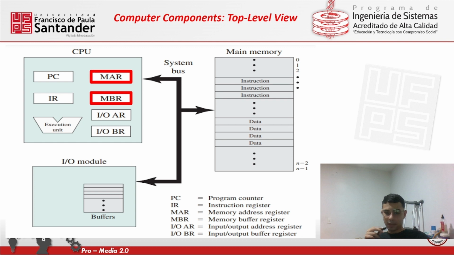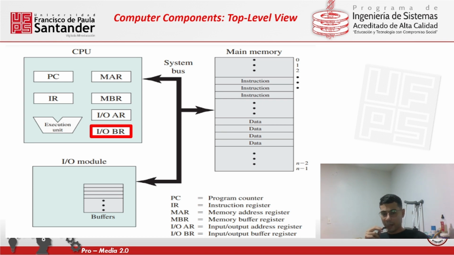There is an I/O address register, I/OAR, that points to a specific I/O device. An I/O buffer register, I/OBR, is used for data exchange between an I/O module and the processor.